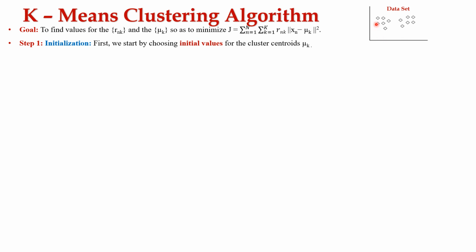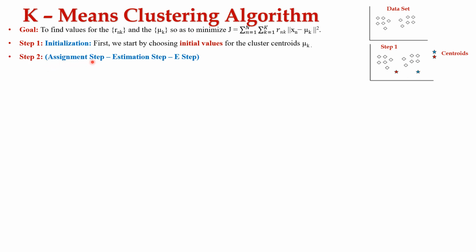Let me consider that I need 2 clusters from these input data points. So I randomly choose the initial value for cluster centroid mu1 for cluster 1, which is represented by a red color star, and similarly the initial value for cluster centroid mu2, that is for cluster 2, which is represented by a blue color star.